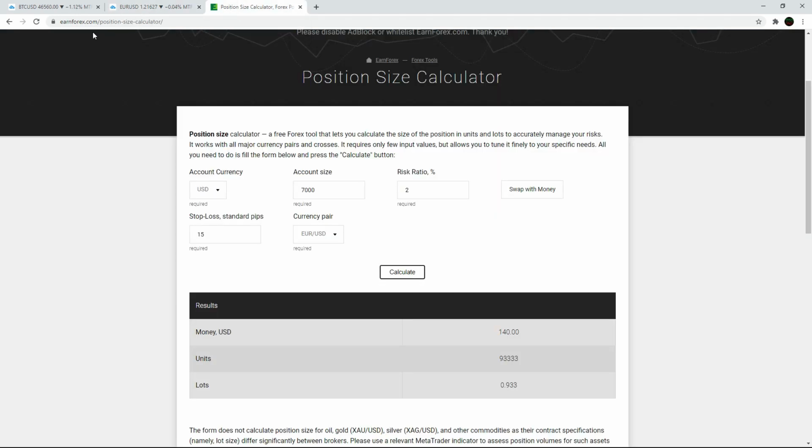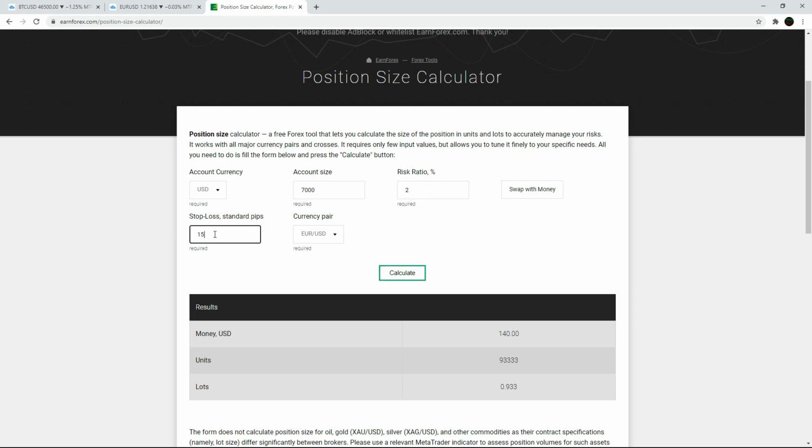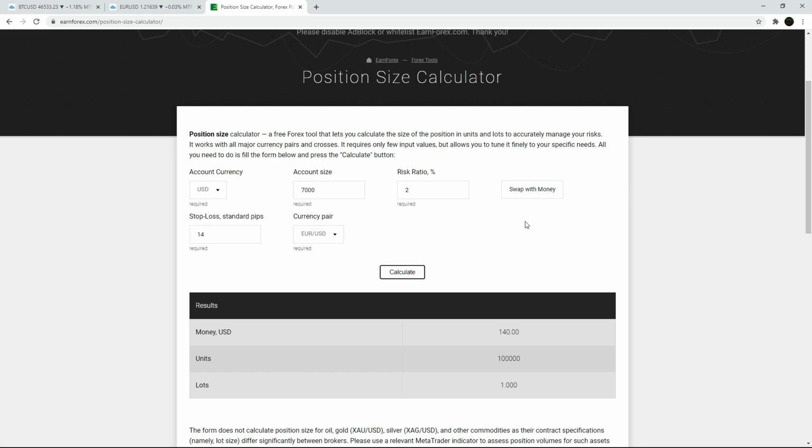So earnforex.com/position size calculator. There's a bunch of them online. Just type in position size calculator Forex or something along those lines. But anyway, you just bring those numbers over here. So account currency, USD, account size 7,000, risk ratio percentage 2% risk, and then you put in how far away your stop loss is in pips, your currency pair, and hit calculate, and it's going to give you all the figures that you need to know.